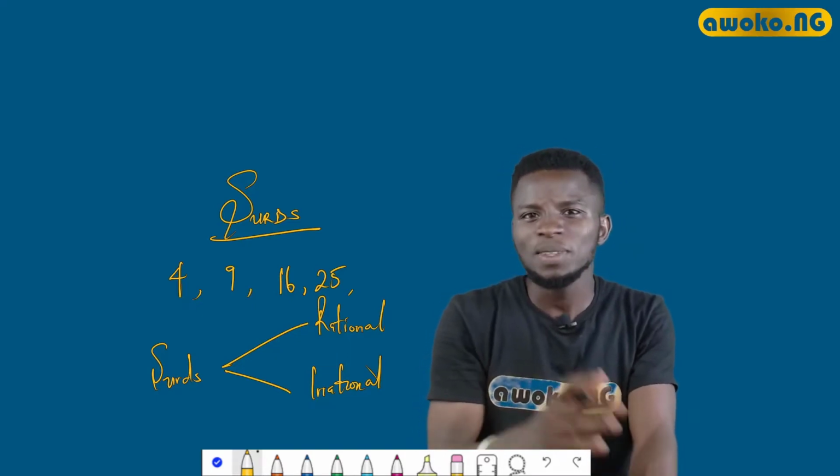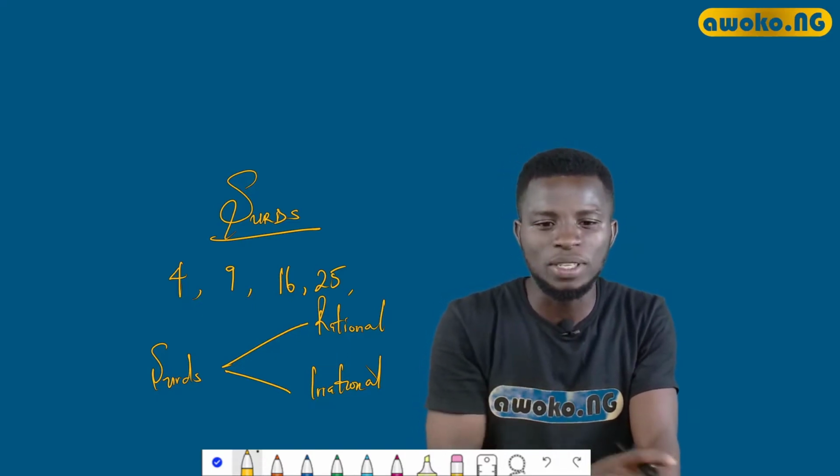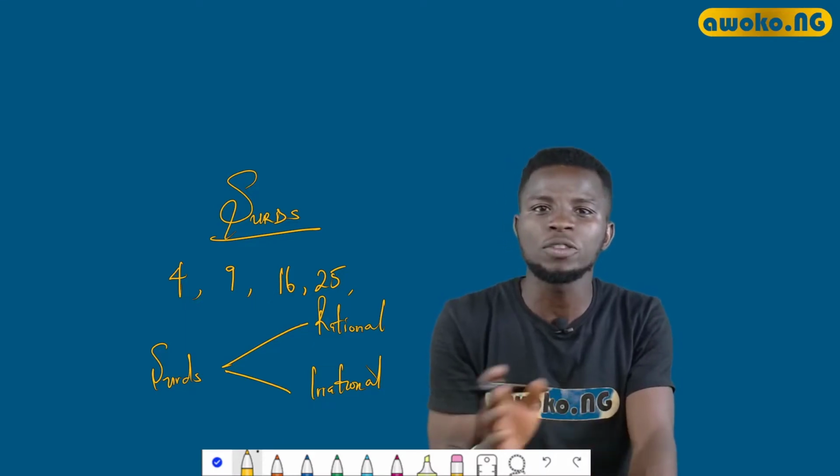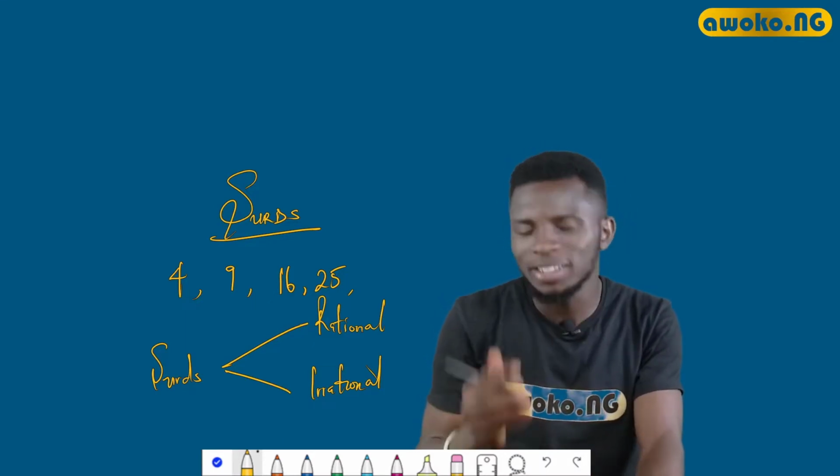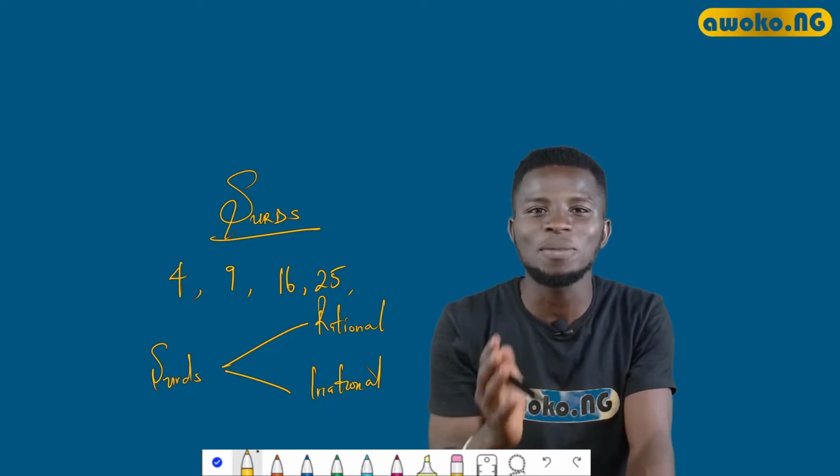Alright, so in general, we said that surds are made up of two parts, which are the rational part and the irrational part.